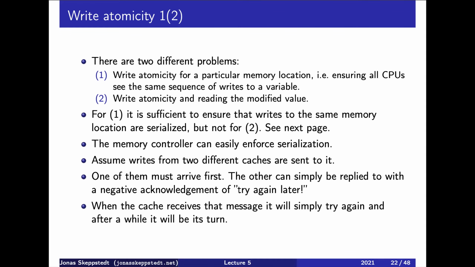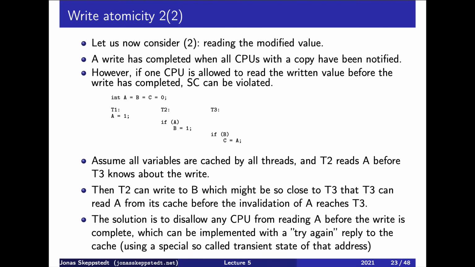So they are not queued in any way. That would be impossible, because that queue could be of any size after a while. It's much better for the memory just to say try again later. So that is what will happen. And eventually it will succeed, hopefully. Well, it will.